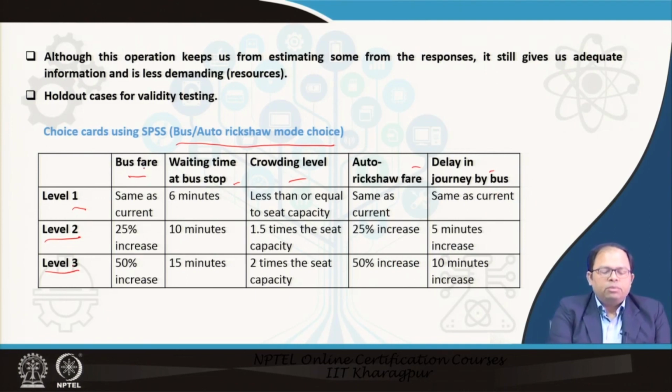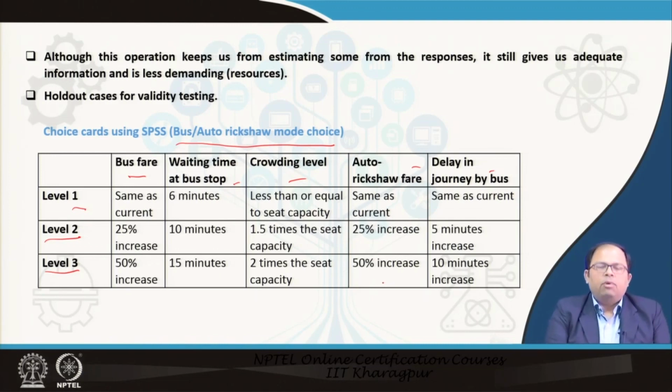Attribute 1, like bus fare, is same as current, 25% increase and 50% increase. Waiting time at bus stop is 6 minutes, 10 minutes and 15 minutes, and so on. Similarly, auto rickshaw fare could be same as current, 25% increase and 50% increase.